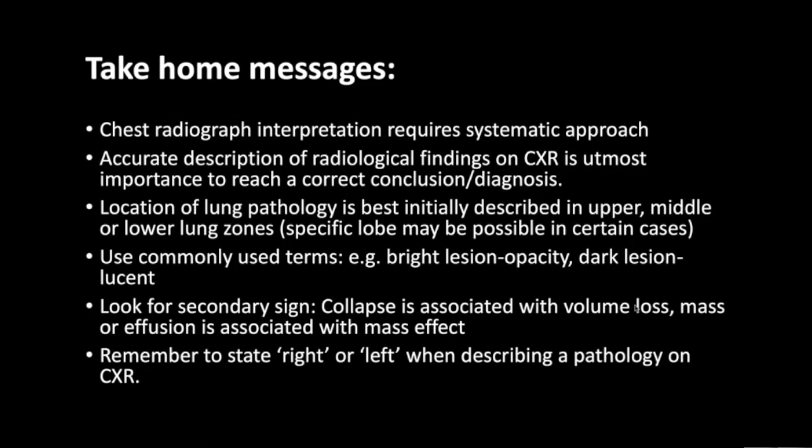Use commonly used terms such as opacity and lucent to describe pathology. Look for secondary signs. Collapse is associated with volume loss. Mass or effusion is associated with mass effect. Remember to state right or left when describing pathology on chest radiograph.